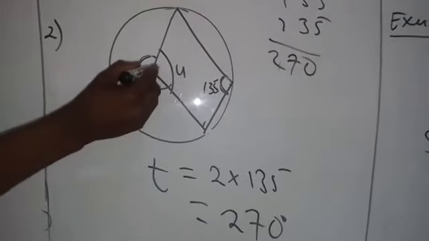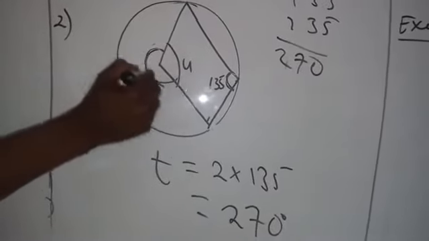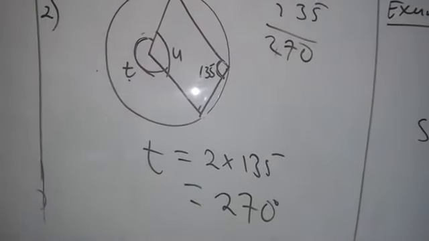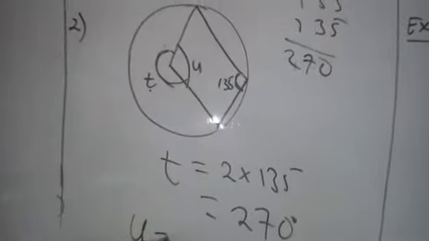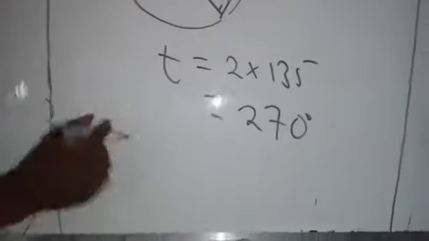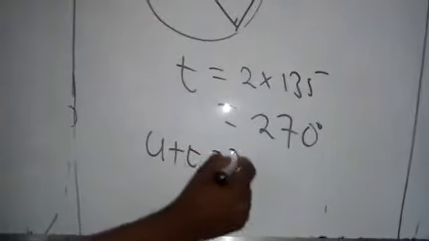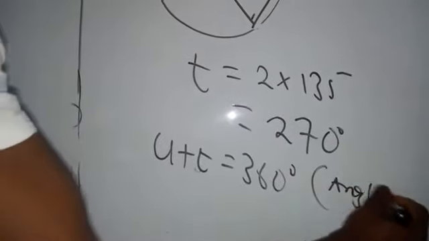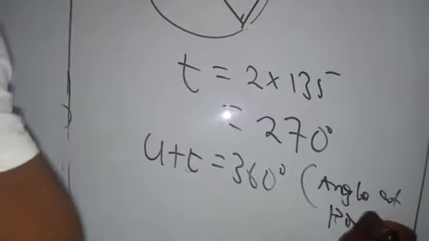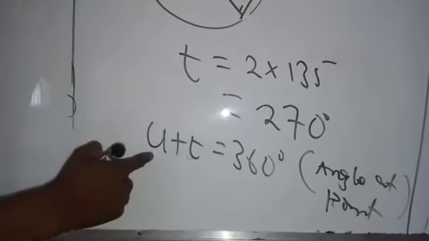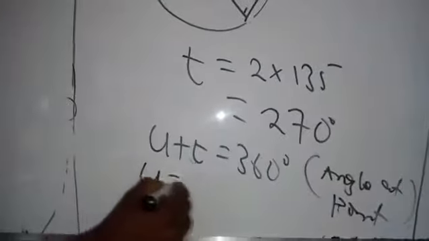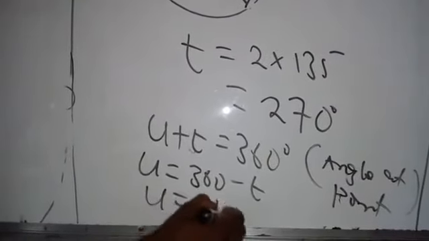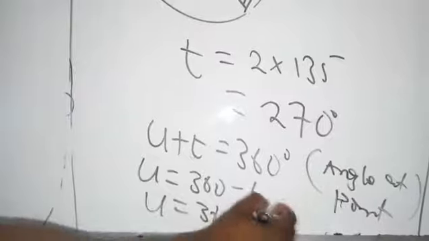So if you take a look at this, this is already a circle. The angles at a point in a circle add up to 360 degrees. So U plus T is 360 degrees. Why? Angles at a point. Therefore, I've gotten my T, so U will be equal to 360 minus T. That is, U is equal to 360 minus 270, since my T is 270.